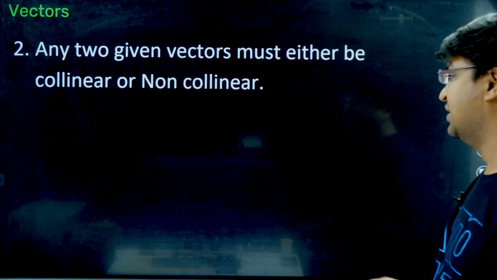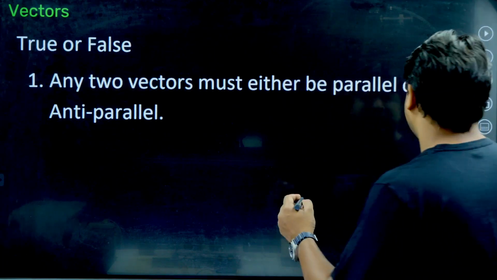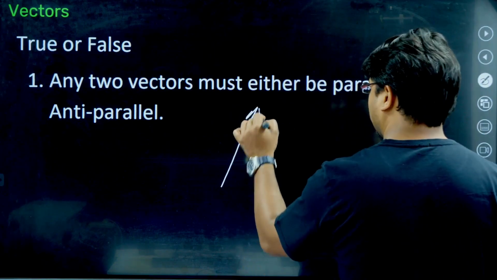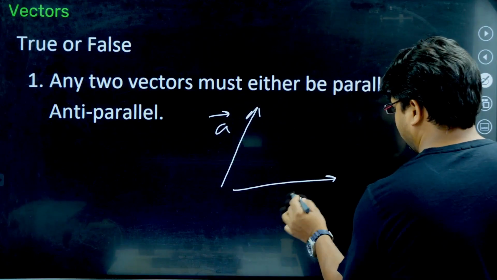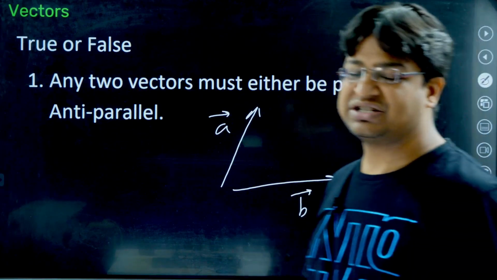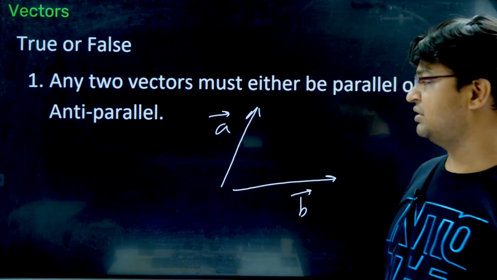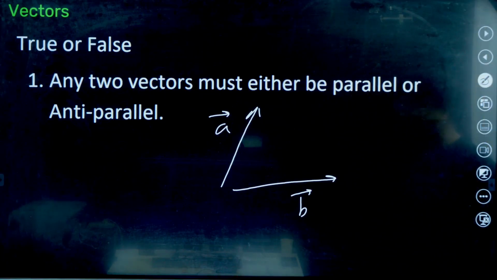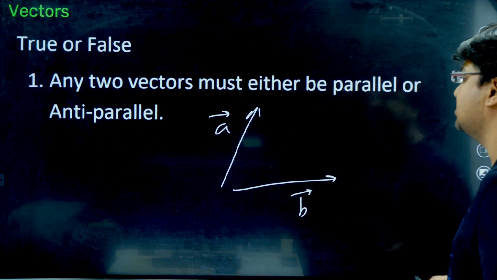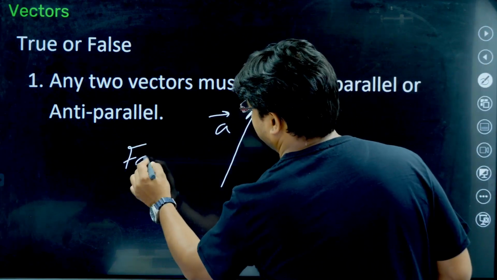No, this is false, because there can be a situation where this is vector A and this is vector B, and they are neither pointing in the same direction nor in the opposite direction. So it is not necessary that vectors have to be parallel or anti-parallel. So this statement is false.